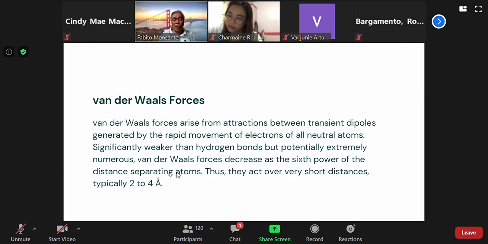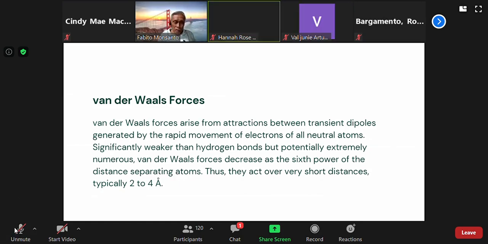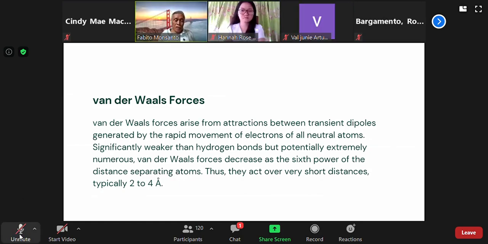Van der Waals forces arise from attractions between dipoles generated by rapid movement of electrons of all neutral atoms. It is significantly weaker than a hydrogen bond, but potentially extremely numerous.